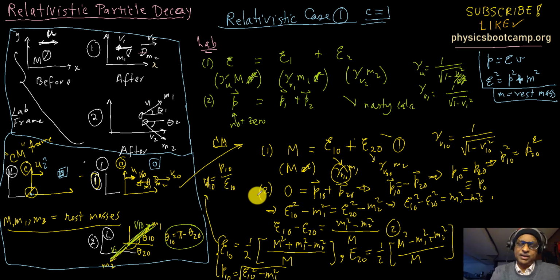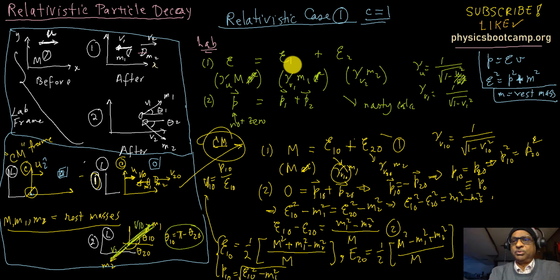Similarly you can do the second one, but you can see I already solved all the problem here in the CM frame. And how do I get back to my lab frame? Well, I just do the transformation. Rather than do this calculation over here, I do the calculation over here and I transform back over there.